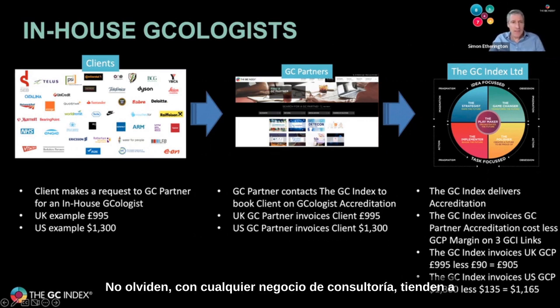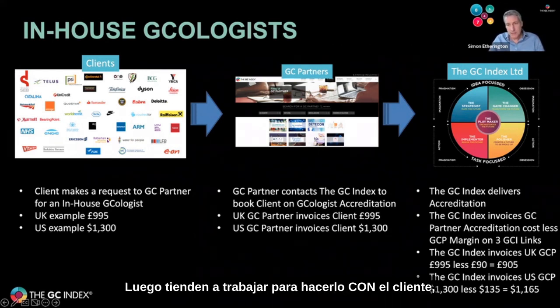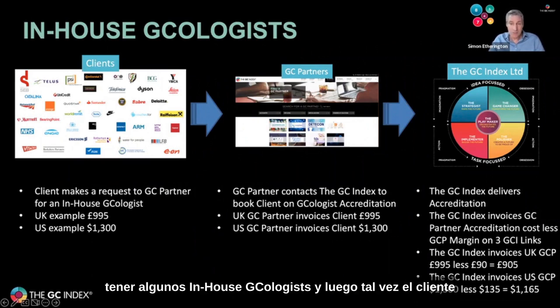Don't forget, with any consulting business, it tends to be to start with, we're doing it to a client because that client has no knowledge and we're helping them. Then we tend to work towards doing it with the client. In that case, doing it with means you need to have some in-house GCologists. And then maybe the client starts doing things on their own in different areas. And so that's, again, where you've got in-house GCologists.